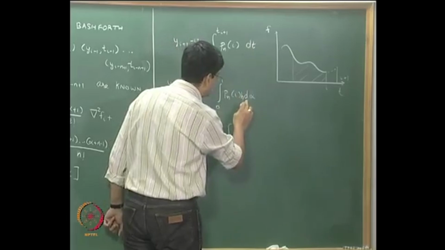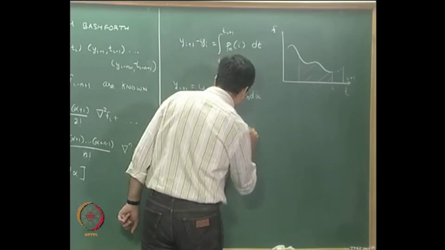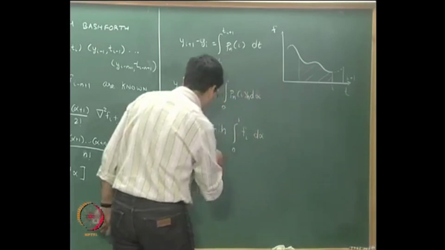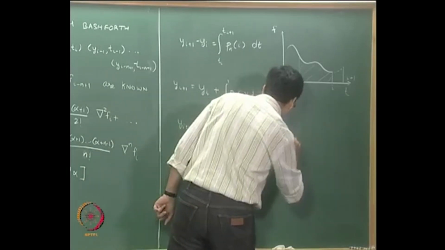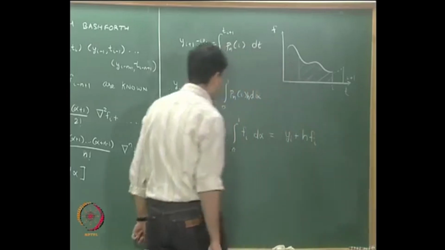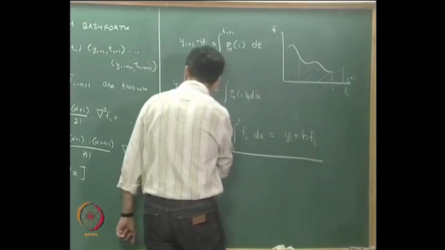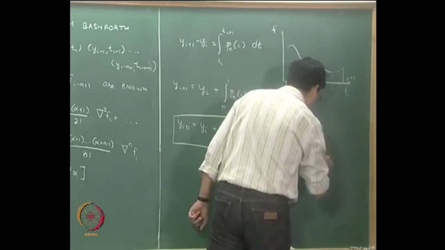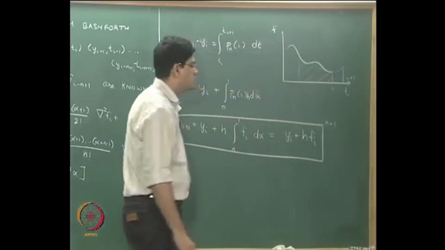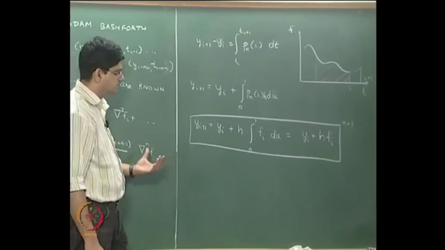When we replace, dt is going to be h d alpha, and that is where this h comes from. From 0 to 1 it is fi multiplied by d alpha, which is going to lead us to y i plus h times fi, okay. So, this is going to be our first order Adams-Bashforth method. So, n equal to 1 Adams-Bashforth method is nothing but the Euler's method.